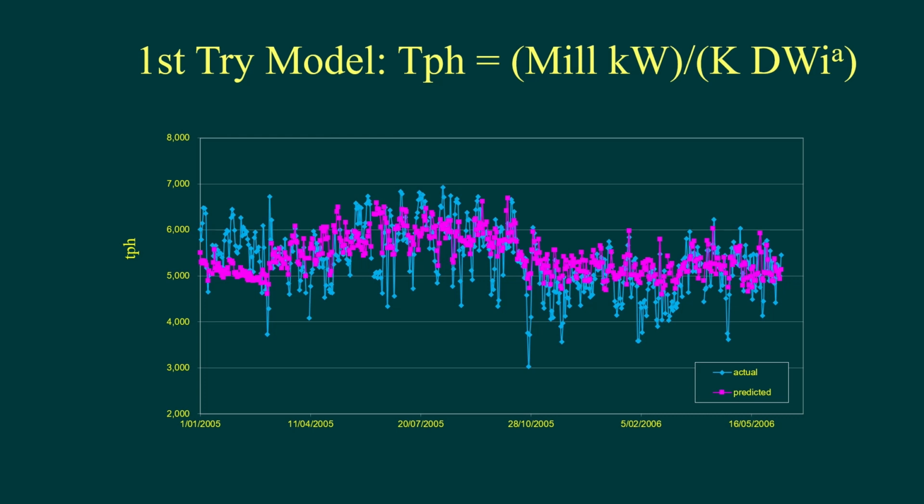When ore is blasted in the pit, it actually takes time before that ore reaches the plant. And that lag can be quite significant, and you need to be aware of it, because what we're trying to do here is match up what the mine plan says happened in the pit with respect to ore.